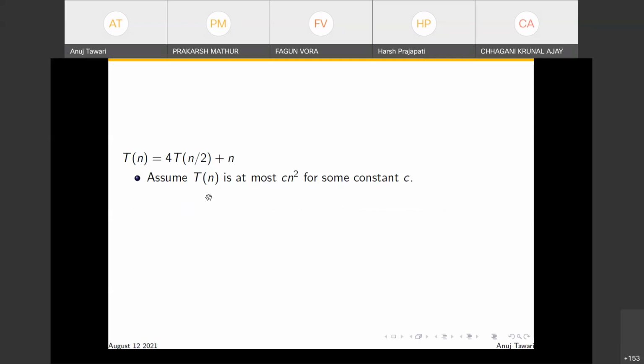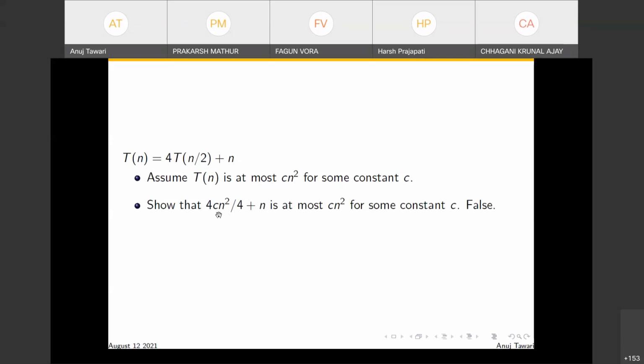So now we use a smaller guess. Let's say T(n) is at most c n square. Then you substitute in this 4T(n/2) plus n.